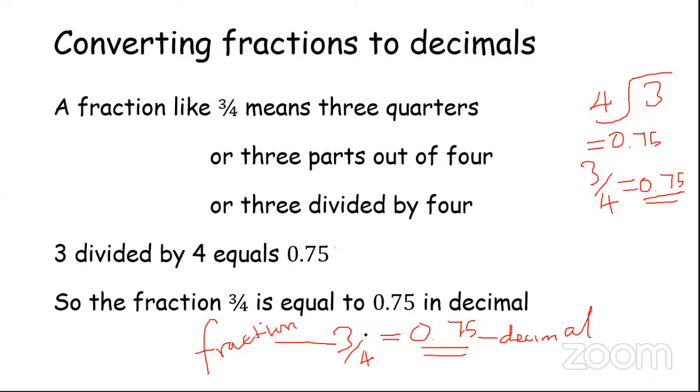Is that okay? So our focus is converting fractions to decimals. When we divide 3 by 4 and get 0.75, we shall have converted our fraction 3 over 4 to 0.75, which is in decimal form.